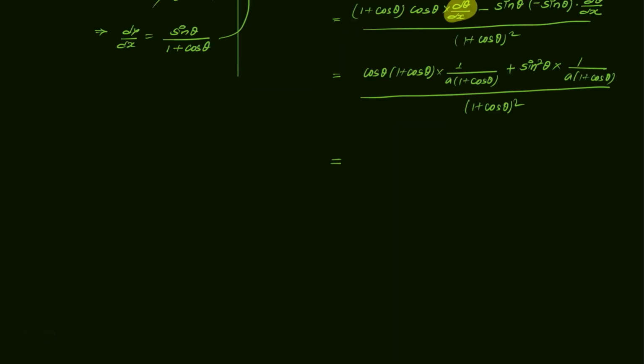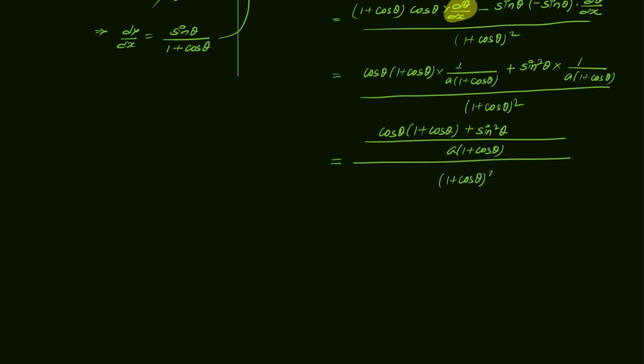So this will be equal to, we can cancel 1 plus cos theta and 1 plus cos theta, but let me keep it for a while as it is. Here in the denominator we will have a into (1 plus cos theta) as LCM, and in the numerator we will have cos theta into (1 plus cos theta) plus sin square theta, all divided by (1 plus cos theta) whole square.